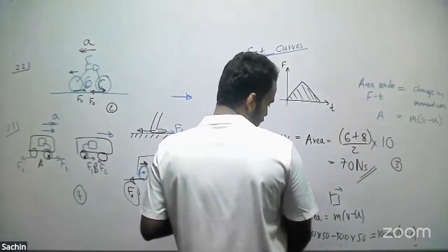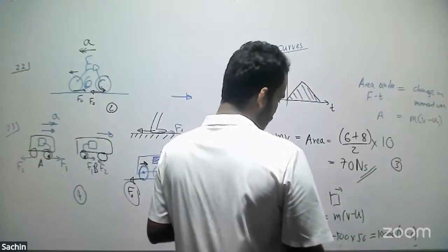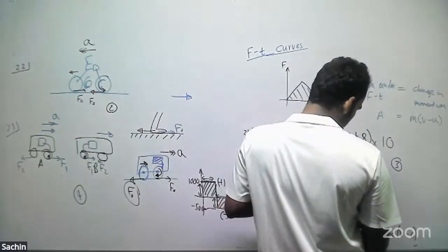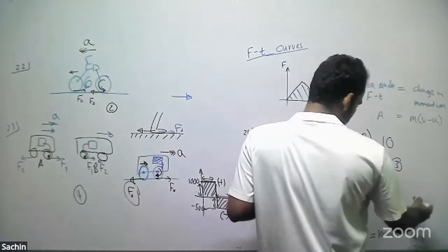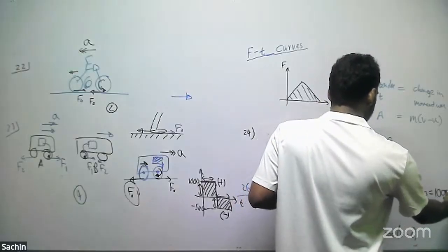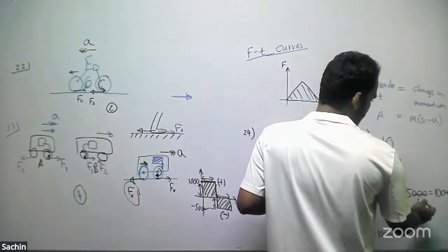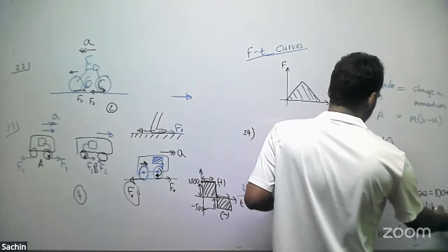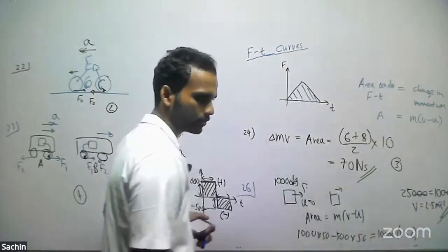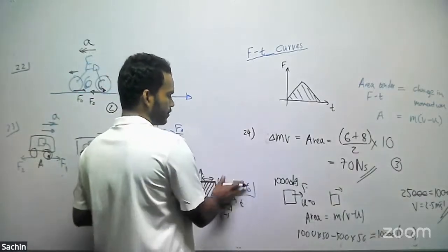Here it is 50,000, here it is 25,000. So when you subtract, it will be 25,000 is equal to 10,000 v. So these three zeros will be cancelled, and the final velocity you get is 2.5 meters per second. Okay, so that's how you do the 26th question.